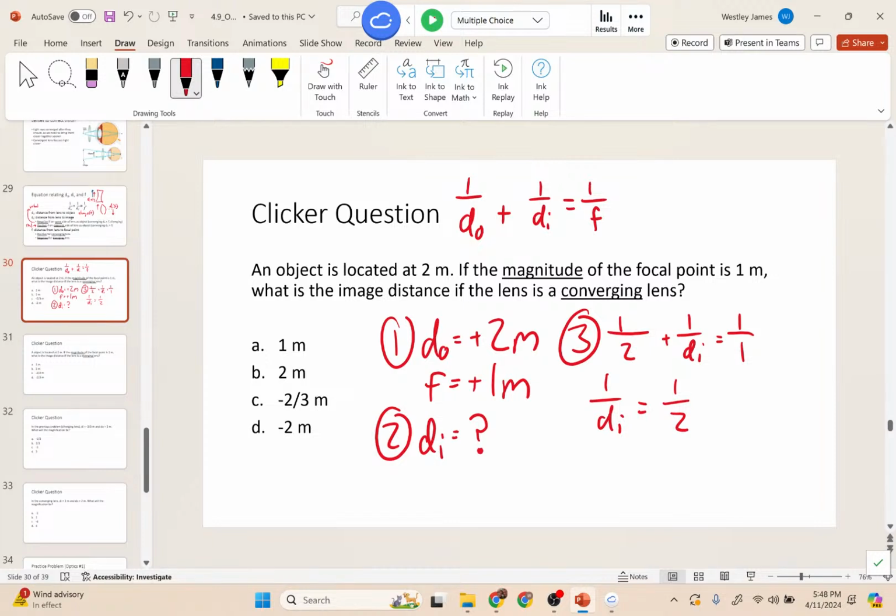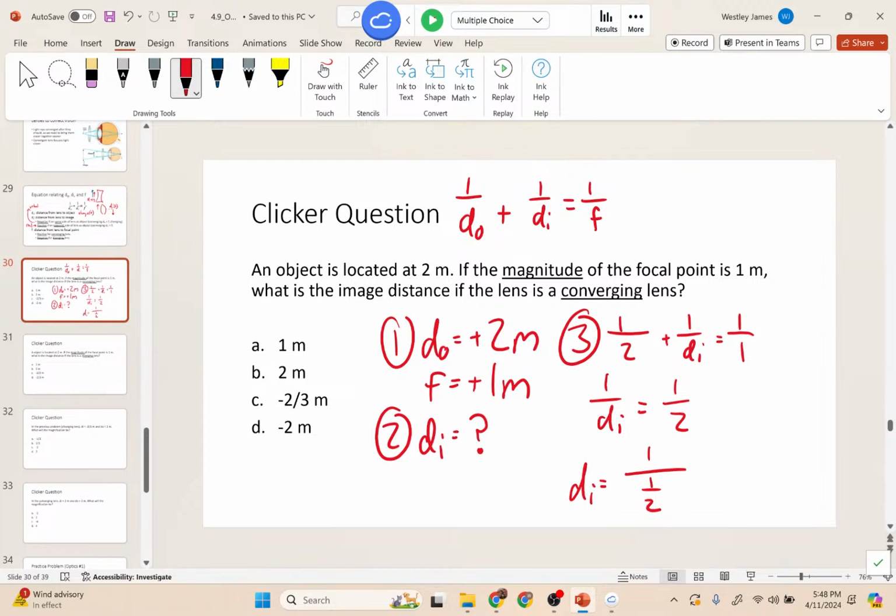So, pro tip with this equation: no matter what variable you're solving for, f, DI, DO, doesn't matter, the final result is going to be to take what's on the right and do 1 over that. That's how you flip it. How do you get the thing that's on the bottom out of the bottom? 1 over the other side. You do the inverse.